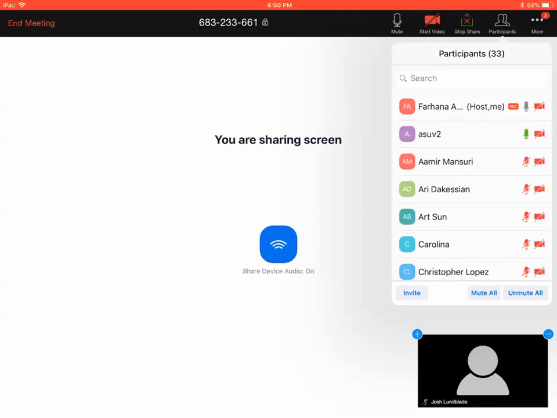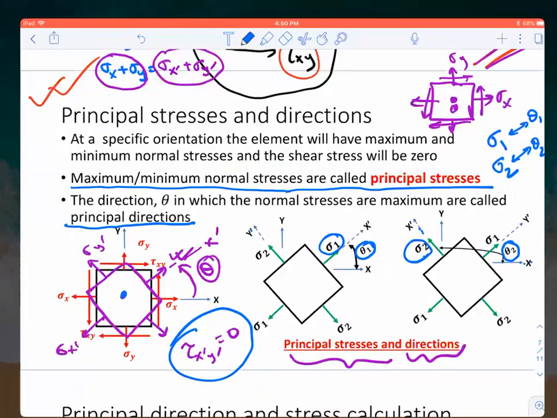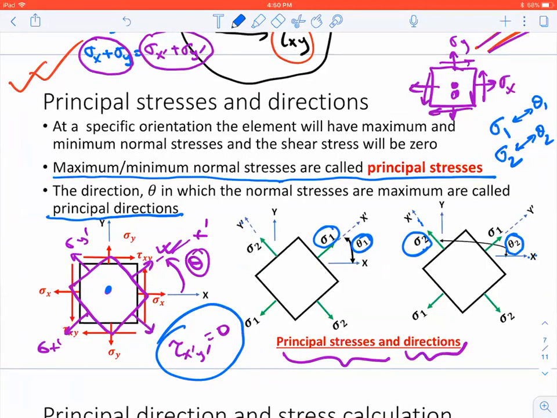Professor, what did you say about sigma 1 and sigma 2? How do they differ? The planes at which they act. If sigma 1 is acting in this plane, and sigma 2 is acting in this plane, the two planes are at 90 degrees to each other.